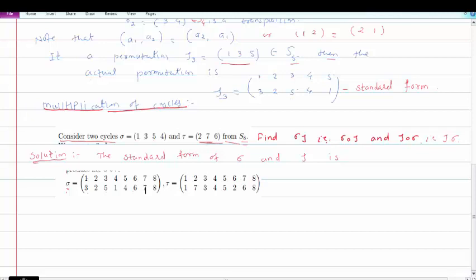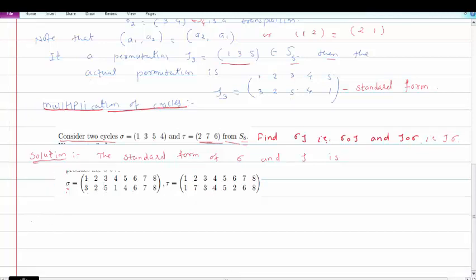See here, 2 goes to 7, 7 goes to 6, and 6 goes to 2. The remaining symbols are left fixed by τ, so 1 goes to 1, 3 goes to 3, 4 goes to 4, 5 goes to 5, and lastly 8 goes to 8. We have written this in standard form.